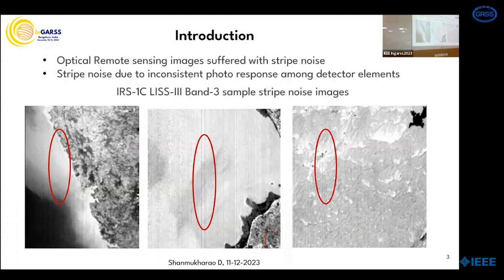Here we can clearly see all the stripes, because of inconsistent response of the CCDs. So for better utilization of the satellite data, removing the stripes is very essential, so that people can utilize the data effectively in further applications.